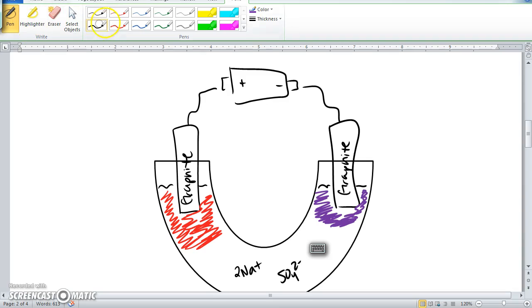So we know from our acid-base chapter that universal indicator turning purple means we have to have OH minus present. We know that red means acidic.